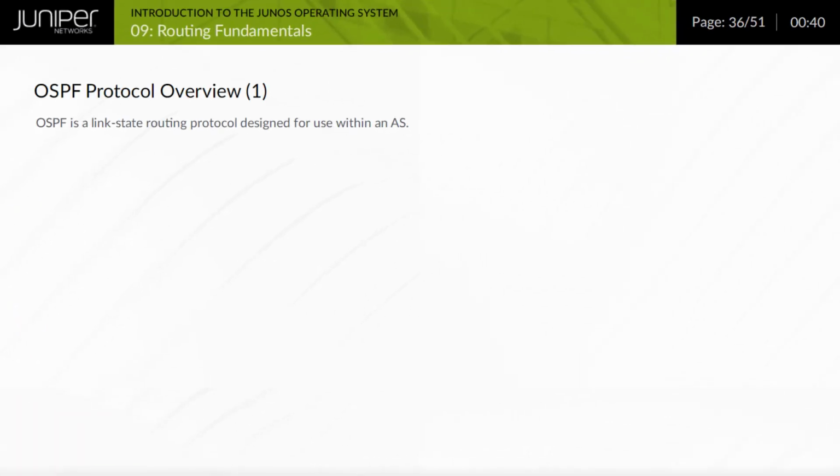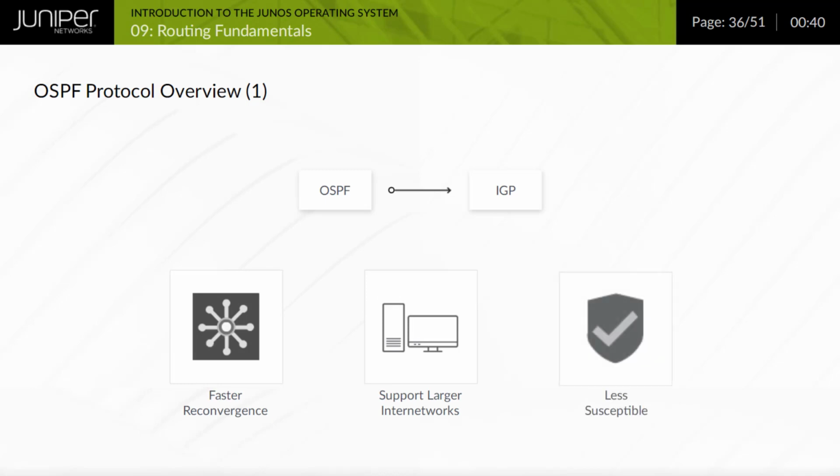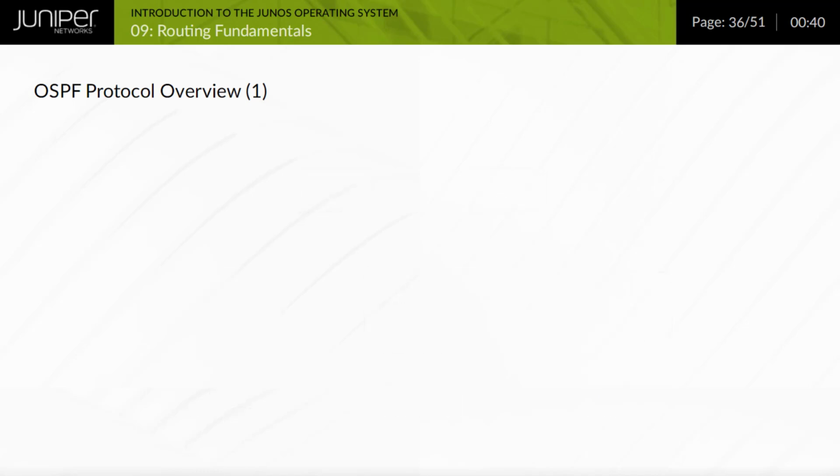OSPF is a link state routing protocol designed for use within an AS. OSPF is an IGP. Link state protocols allow for faster reconvergence, support larger internetworks, and are less susceptible to bad routing information than distance vector protocols.